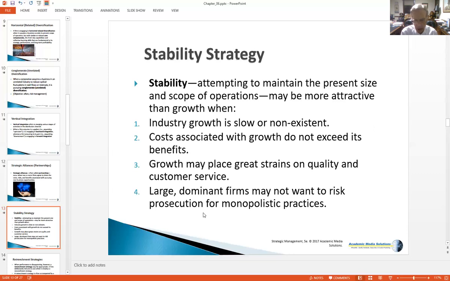So a stability strategy probably is temporary, and it won't be long before some sort of related diversification becomes the new strategy. So in any event, other possibilities could be simply that the industry no longer is growing. Again, that would suggest related diversification.